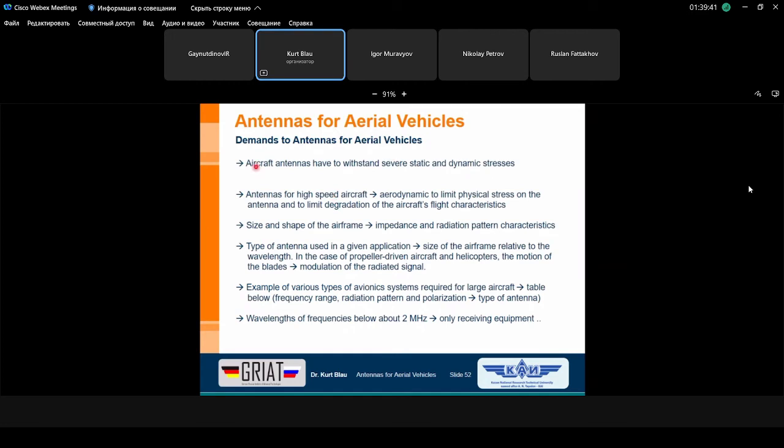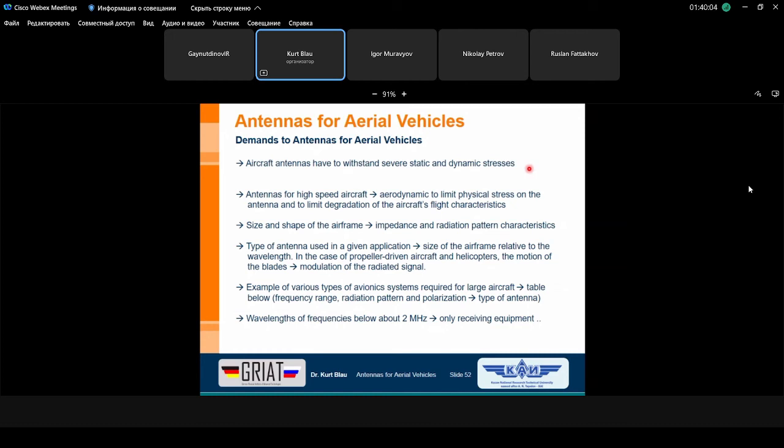This is only written here as an overview. The aircraft antennas have to withstand severe static and dynamic stresses. It should be clear. A normal civilian aircraft flies with a speed between 600 and about 900 kilometers per hour.